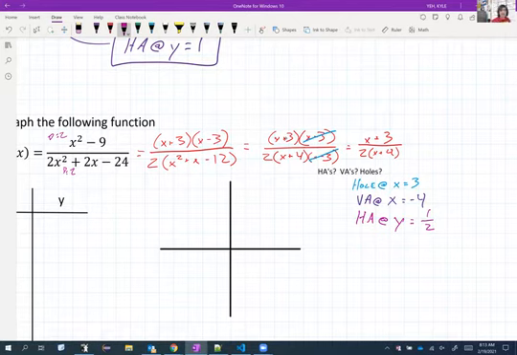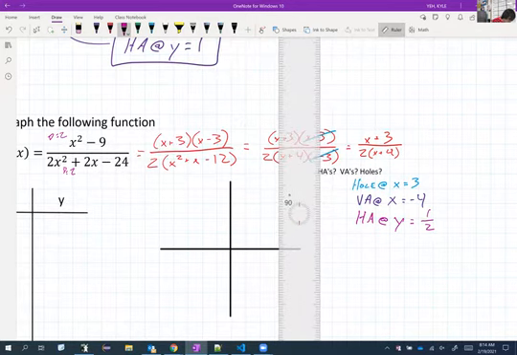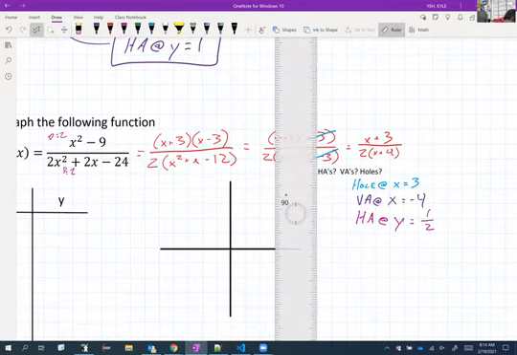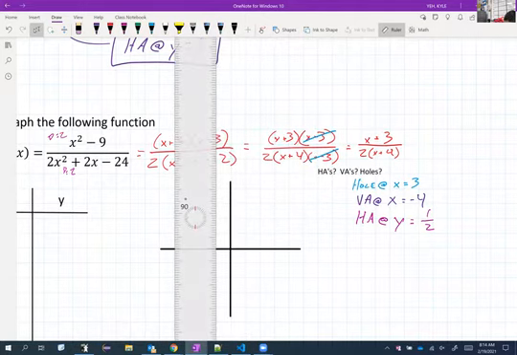So again, this is how we can start getting the framework for our graph. I'm going to pull out a ruler and say, okay, x equals 3. Oh, that's a hole, I'll do that one in a second. At x equals negative 4, I have a vertical asymptote, so I'm going to draw that in.